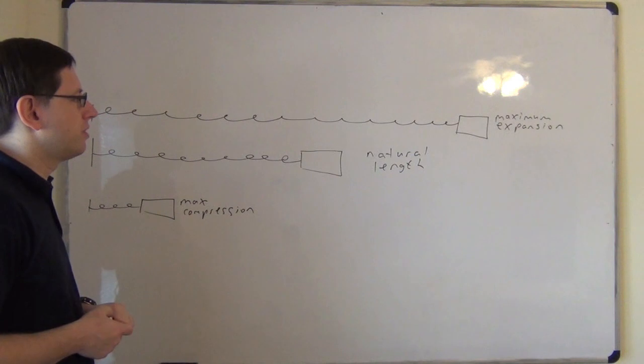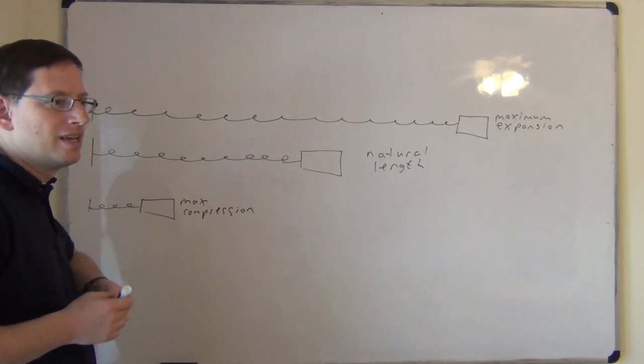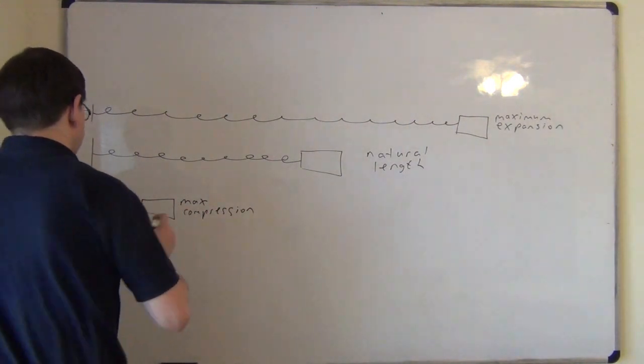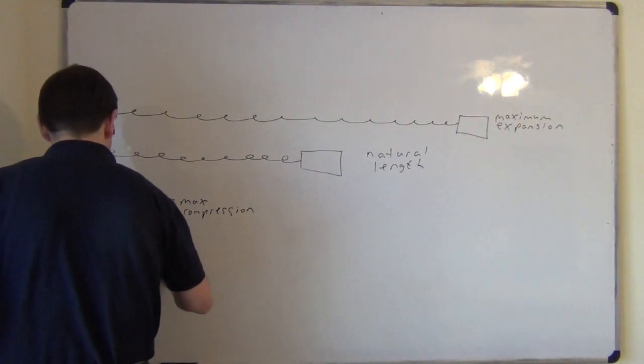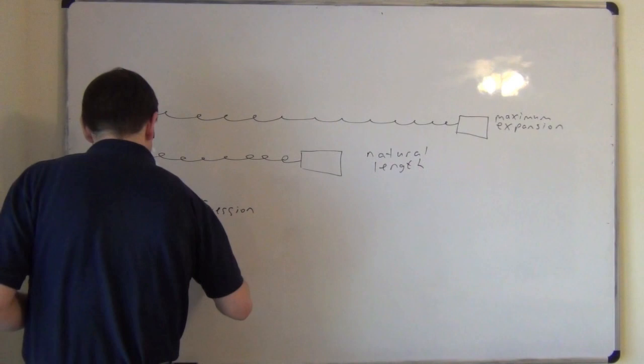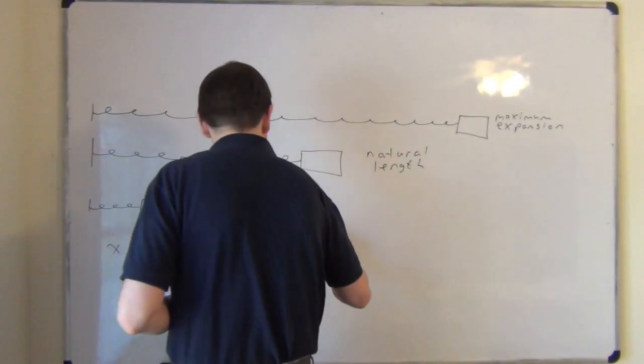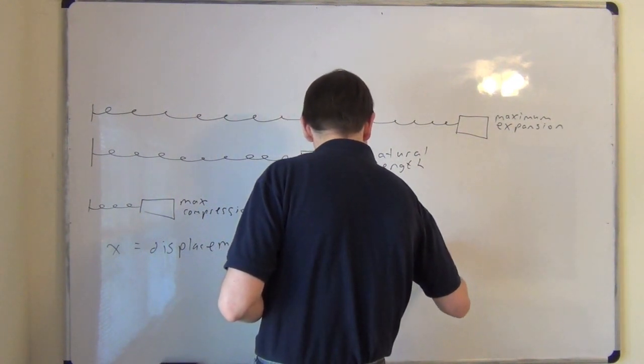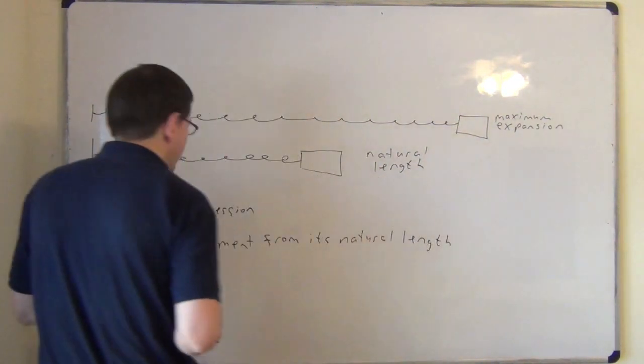So one key variable that's used here is x, and we use x to stand for the displacement from the natural length. X equals the spring's displacement from its natural length.